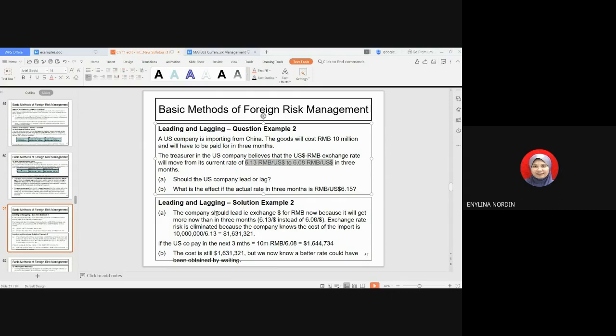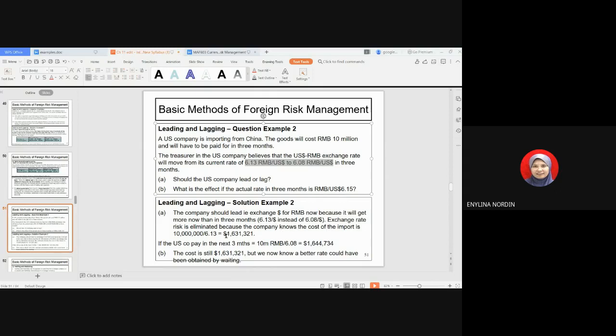Okay, now, so we have identified that the strategy that should be adopted by the US company is the leading strategy. So now let's say the US company pays now, that means it pays at 6.13 RMB per dollar, in order to eliminate the potential risk from the exchange rate.